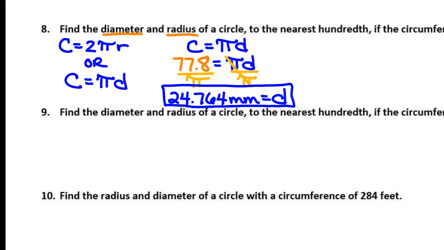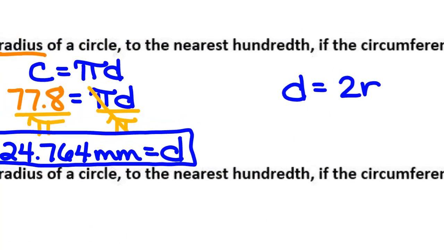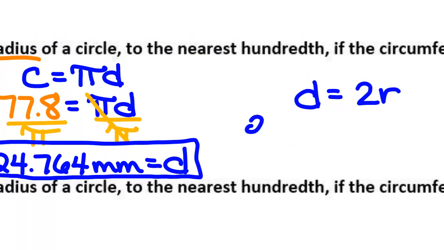All right, we still need the radius. We could do one of two things for the radius, but I'm going to go with the shortcut here. We know that the diameter is equal to 2 times the radius. And we just figured out that that diameter was 24.764, or 24.765 if you round it up. And that's equal to 2r.